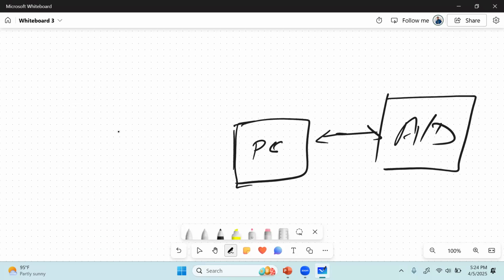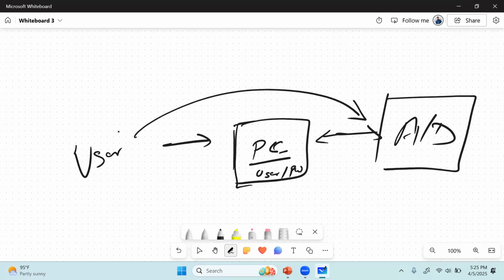A user logs into this machine, entering a username and password. As soon as that user authenticates himself, he is authenticated in the backend, in the AD, and with a level of authorization as well, whatever access he gets over different resources.